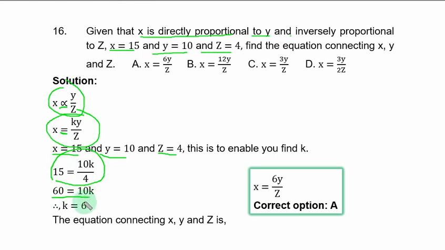Divide through by 10, k is equal to 6. To get the equation that connects s, y and z, you come here again and replace k with 6, and you have it in this form. So A is the correct option.